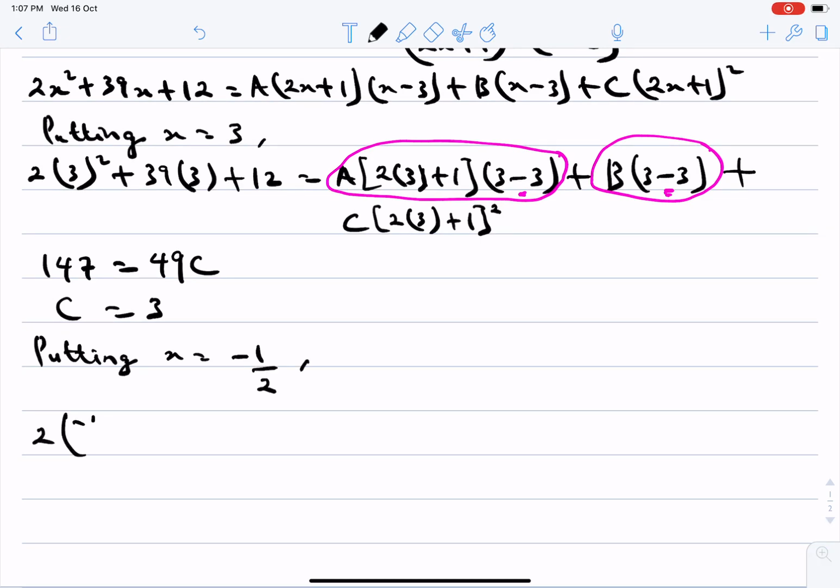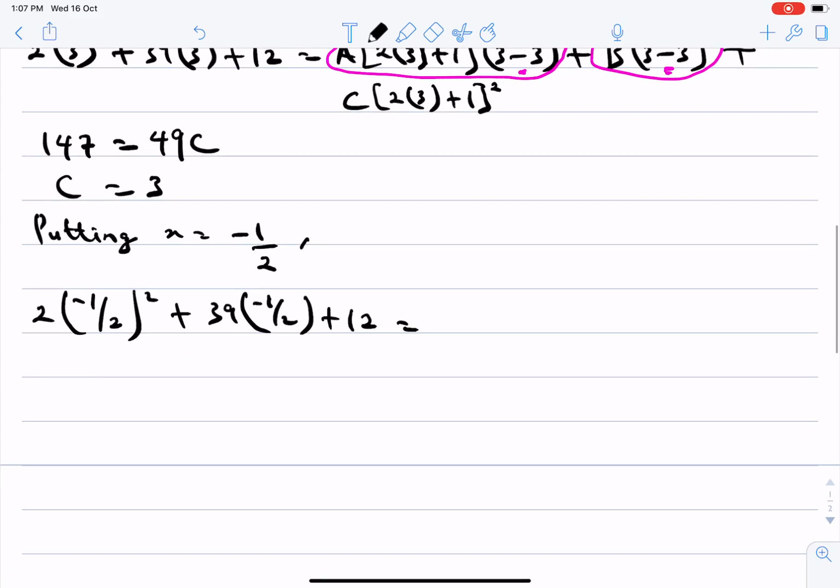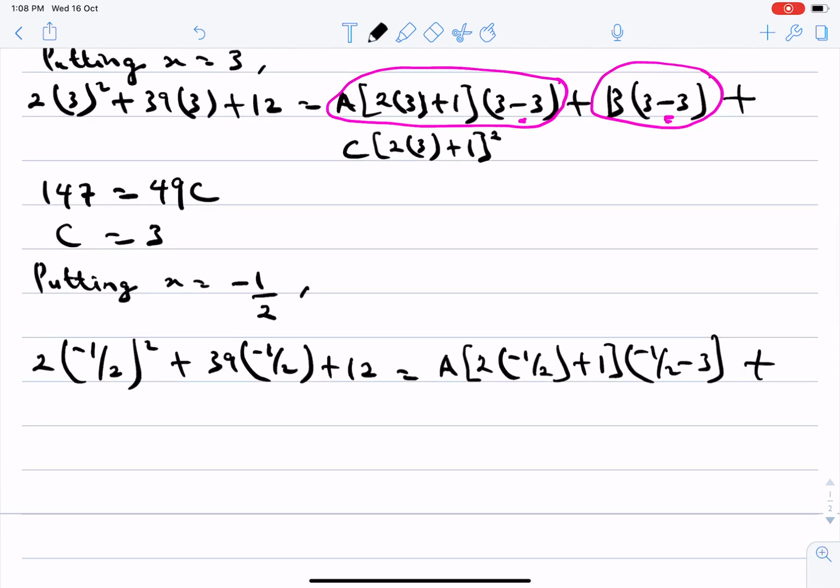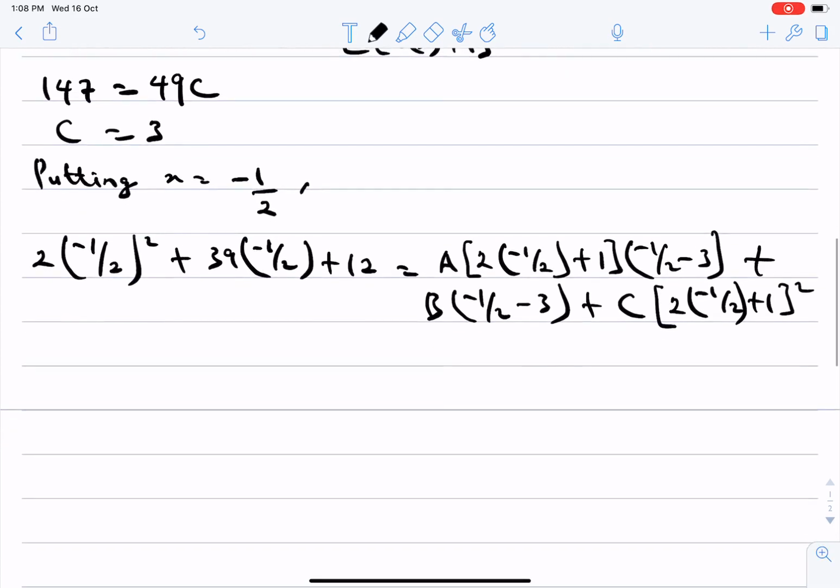That means 2 times minus 1 over 2 squared plus 39 times minus 1 over 2 plus 12 equals a times 2 times minus 1 over 2 plus 1 times minus 1 over 2 minus 3, plus b times minus 1 over 2 minus 3, plus c times 2 times minus 1 over 2 plus 1 all squared.